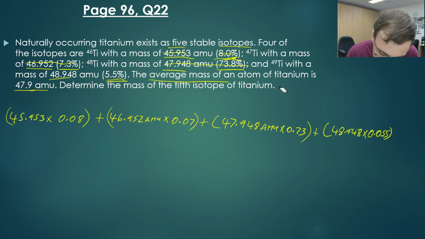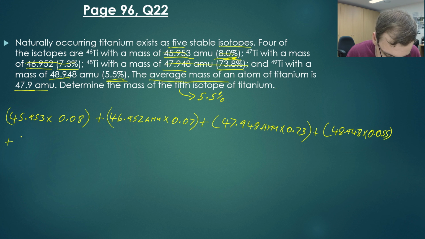So I'm going to write that here. Our fifth isotope has an abundance of 5.5%. Now I'm just going to write this down here because I've run out of room over here.